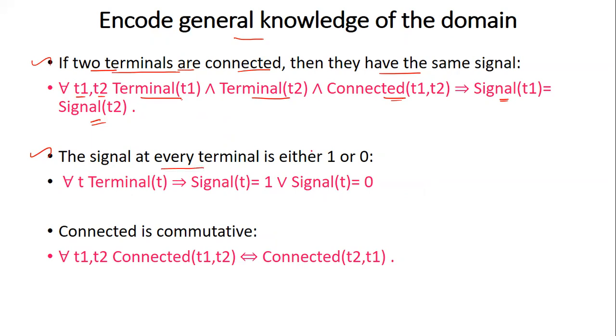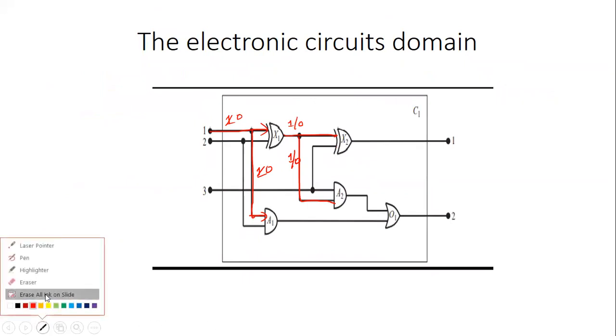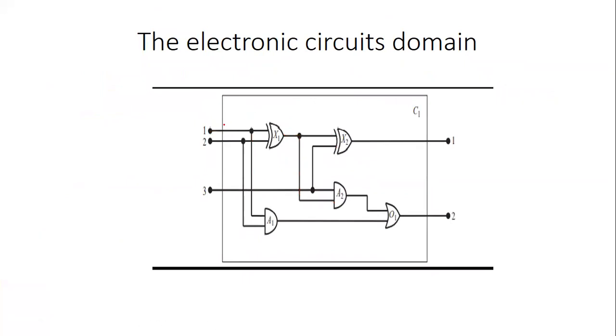The signal at every terminal is either 1 or 0. This is basically logic gates, so it will take either 1 or 0 as input, nothing else. So either all three inputs can be 1, or all three can be 0, or any combination of 0 and 1s. At any line, if you take it, it will be either 1 or 0.